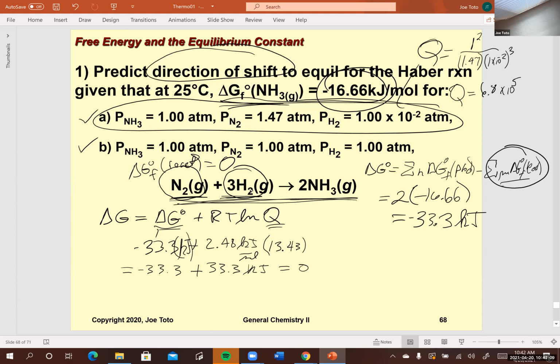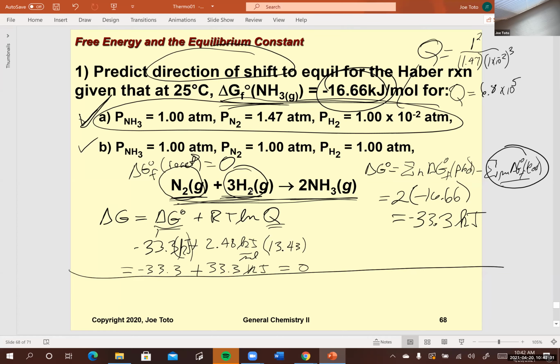So delta G equals 0 for this case. What does that mean? Is that equilibrium? Yeah, so that's an equilibrium mixture. So A is an equilibrium mixture.